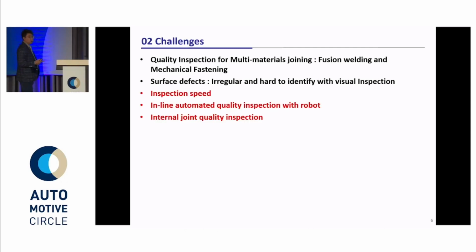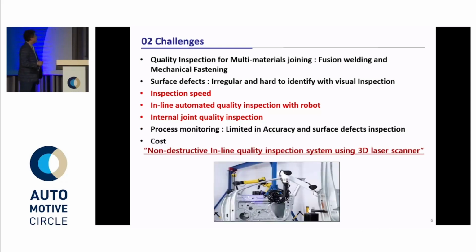And also inspection speed needs to be fast, and inline automatic quality inspection with the robot and internal joint quality inspection need to be done. At the same time, process monitoring has a limitation in accuracy, and surface defect inspection also has some limitations, and cost should be relatively low for a good application.